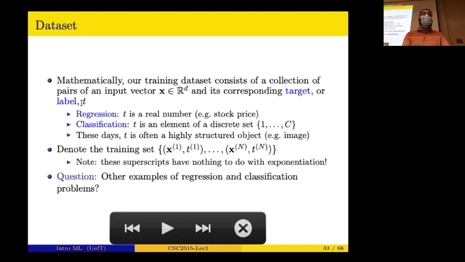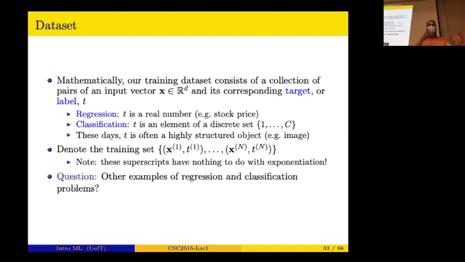Depending on the problem we want to solve, the targets might be different. In the classification that we have talked about so far, t is an element of a discrete set, like 1 to C. This corresponds to the apples and oranges. We say that apples are 1s and oranges are 2s. So t would belong to the set of 1 and 2.